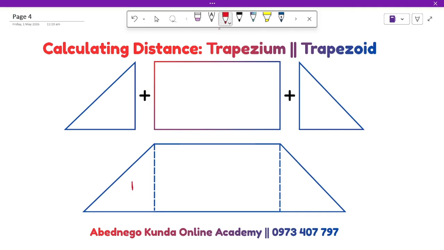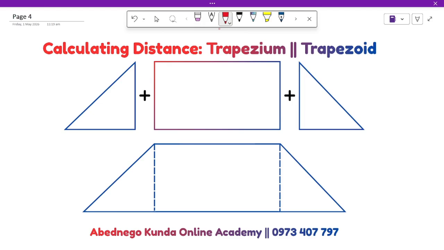Okay, you can call this one distance 1. You calculate for the triangle, you come to the rectangle, and then you come to the other triangle, then you add everything at the end, then that will give you the distance for the trapezium. Okay, otherwise that's how you form up a trapezium. You simply combine the triangle and the rectangle.